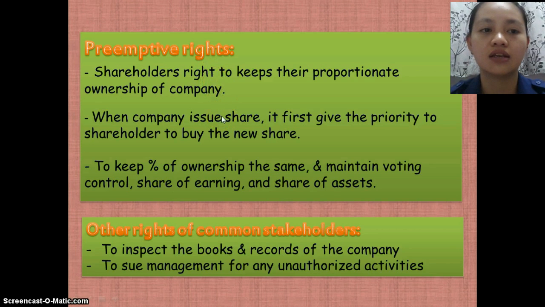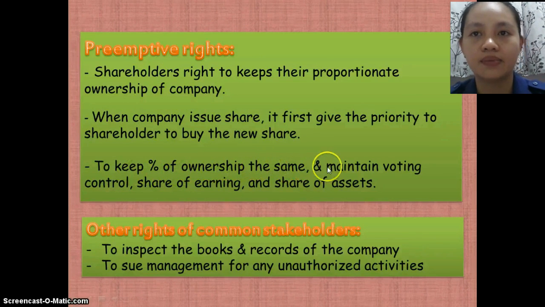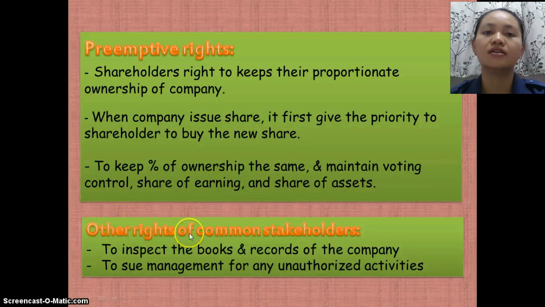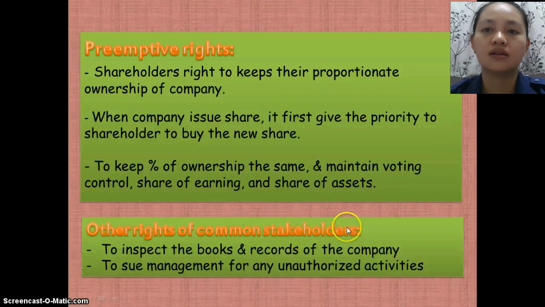And this right is to maintain shareholders' proportionate ownership in the company. Preemptive right is to keep the percentage of ownership the same and maintain voting control, share of earnings, and share of assets.